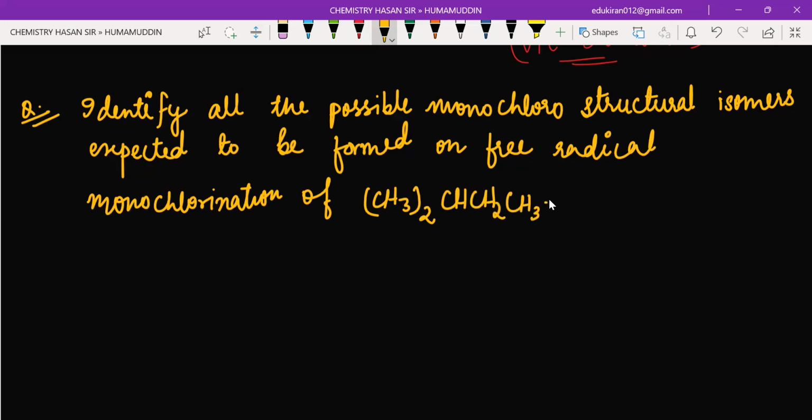You need to identify how many monochloro structural isomers can be extracted from this formula. Very easy it is.